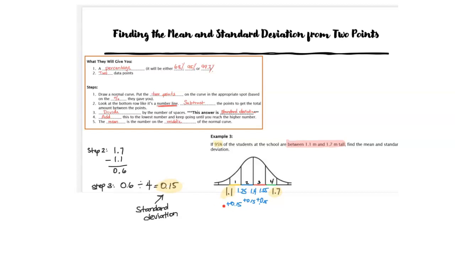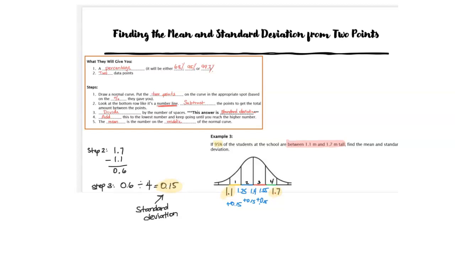Okay, so as you can see, we've gone from 1.1. We filled in our numbers, 1.25, then 1.4, 1.55. If we added 0.15 one more time, we'd land at this 1.7. So we've added our standard deviation to the lower number all the way until we got to that higher number.